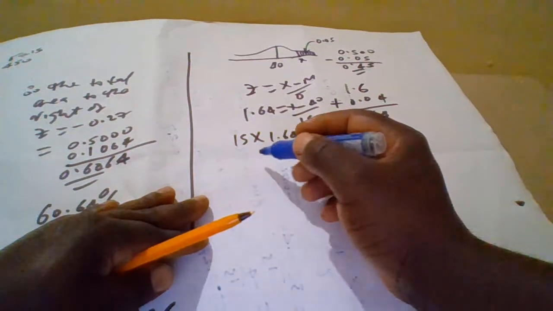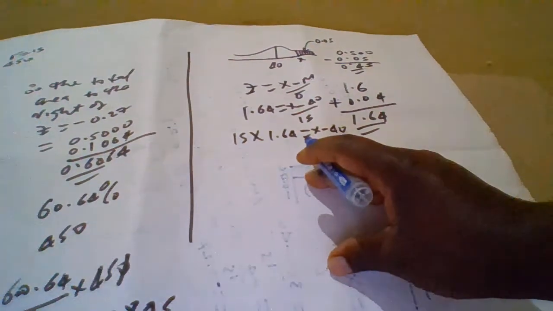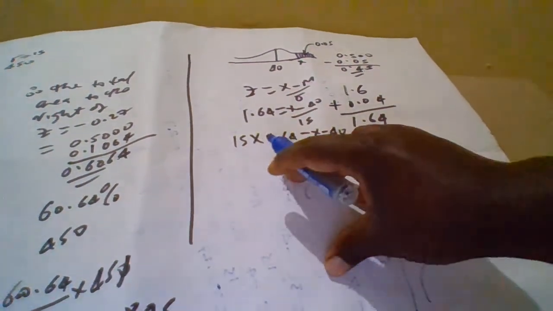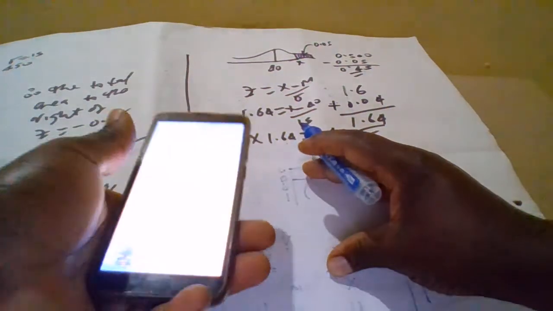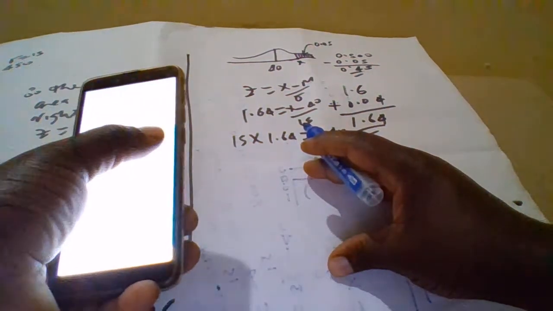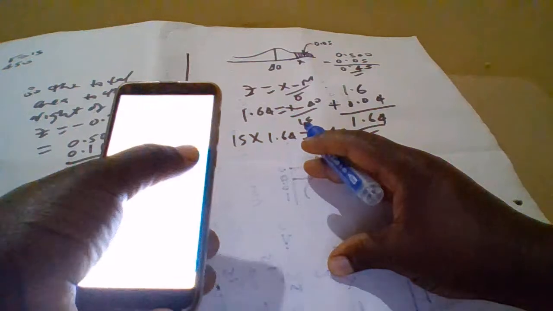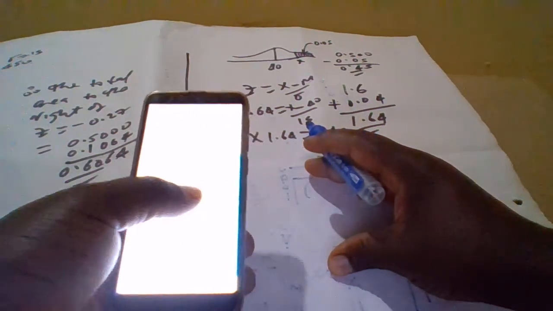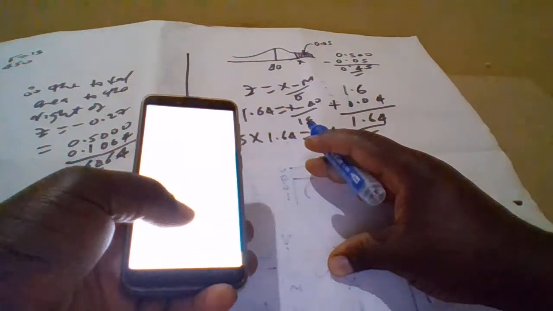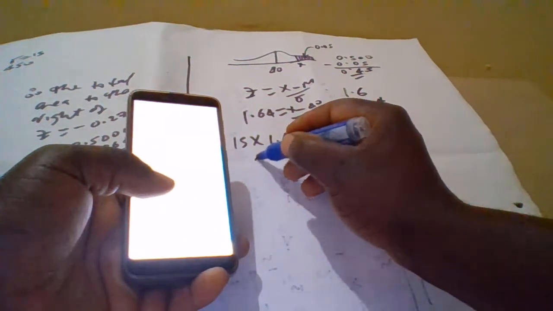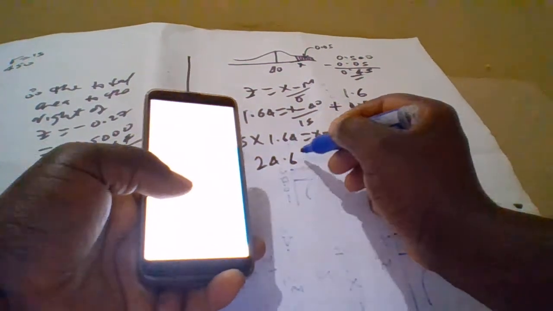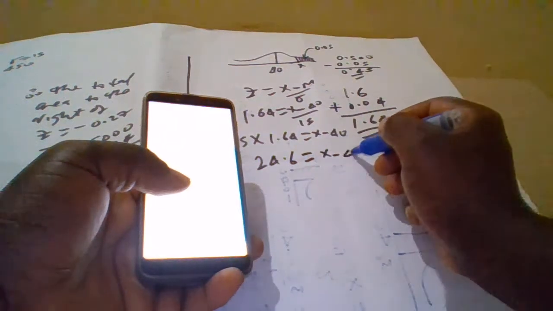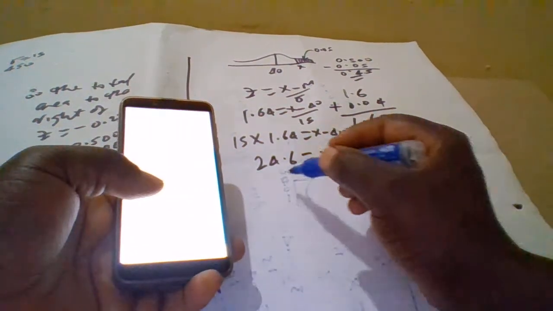So 15 times 1.64 equals 24.6. So we have 24.6 equals X minus 40.